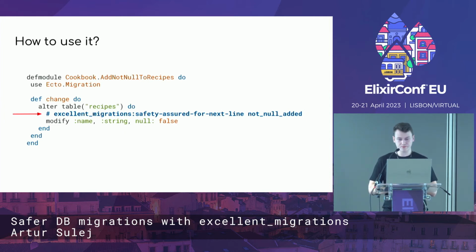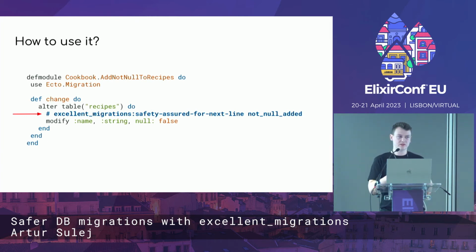And here's an additional way that you can use the library. Basically, the library gives you hints about what can be unsafe. Sometimes you would rather want to silence a particular warning.